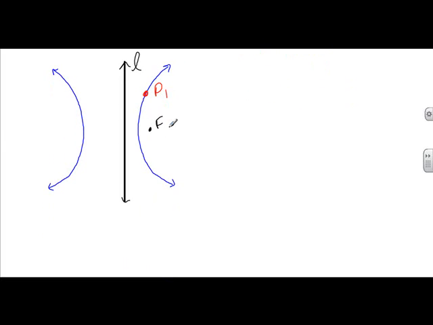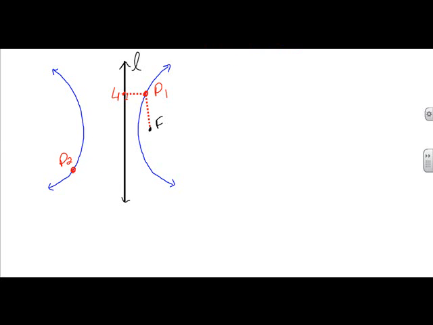If I measure the distance between P1 and F, and the perpendicular distance from P1 to point L1, and then we also have a second point on the other branch of this hyperbola, we'll call it P2, measuring the distance from P2 to F.